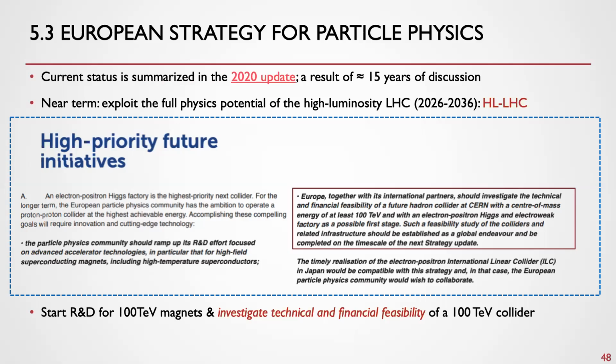The strategy is to start the R&D for the 100 TeV magnets now, and crucially, I put it in red here, to investigate the technical and financial feasibility of a 100 TeV collider. So our current strategy is, in principle, to ask the French and the Swiss government whether they build a 100 TeV tunnel, and when they do, then we can put our magnets in and have our future collider.